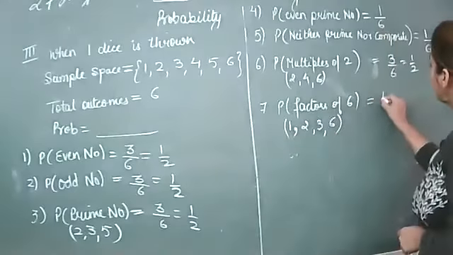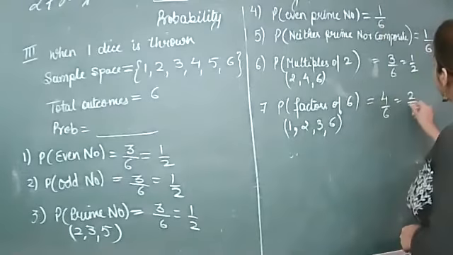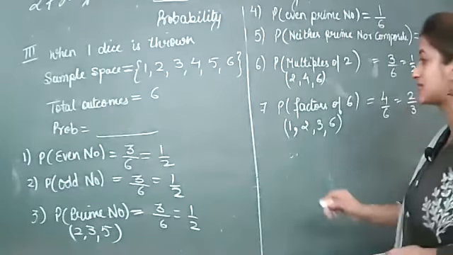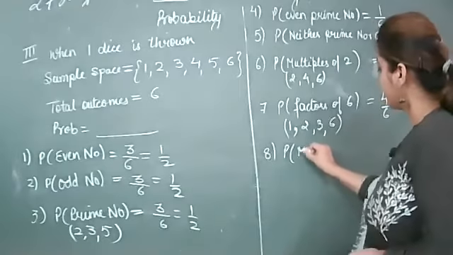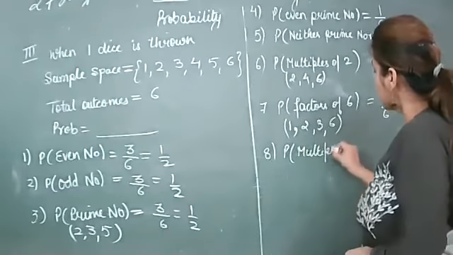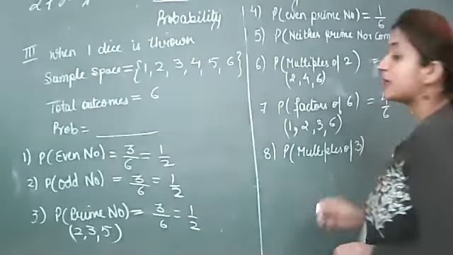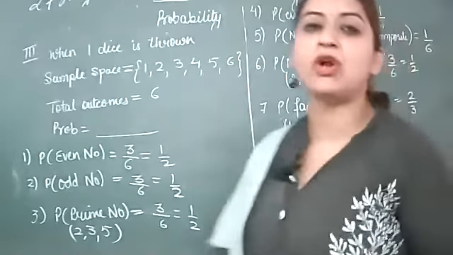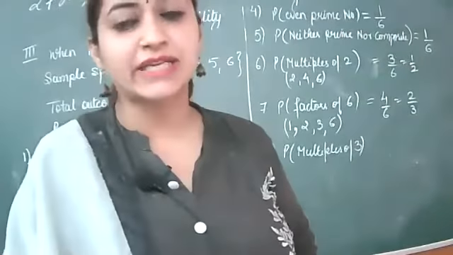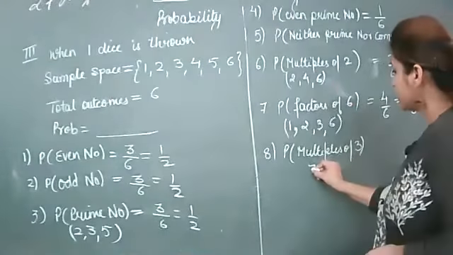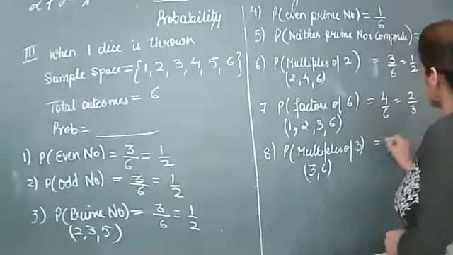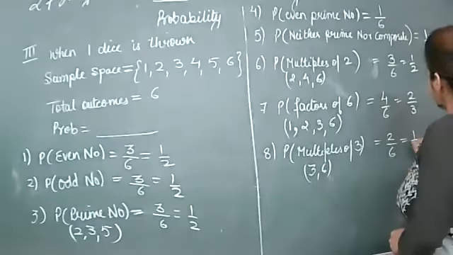So we have 4 numbers, 4/6, that is 2/3. It's compulsory to cancel out the terms. Probability of multiples of 3. Multiple means that are coming in the table of that number, and factors that divide that number. 3, 6. 2/6, that is 1/3.